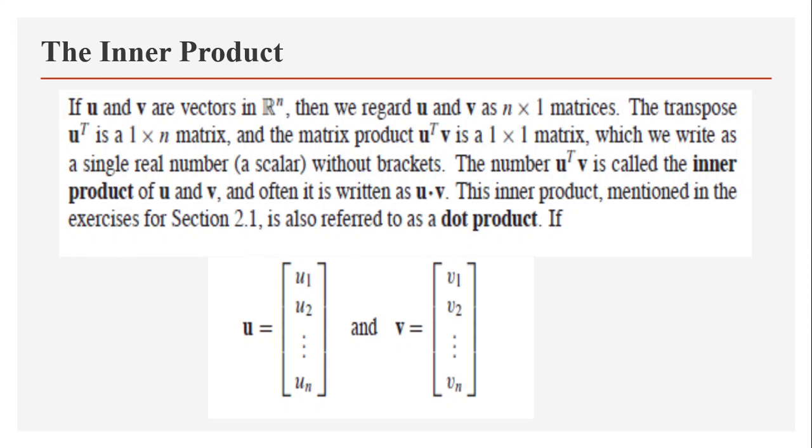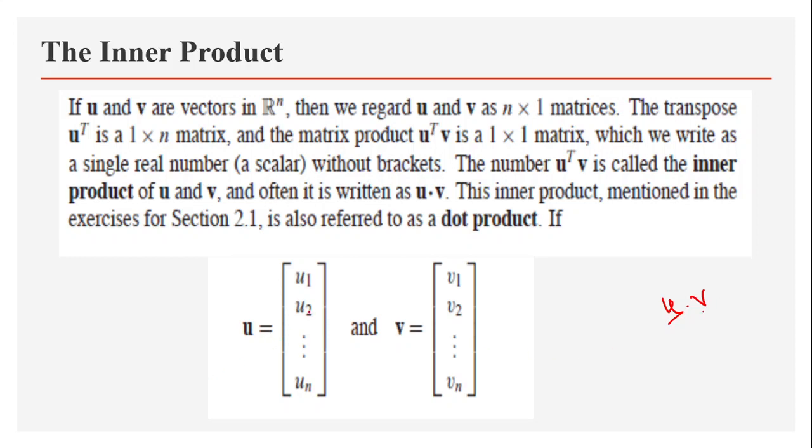So the inner product of u and v is defined as u transpose v, and often it is written as u dot v. Inner product is also known as dot product.